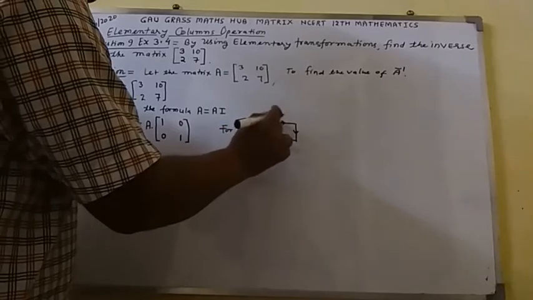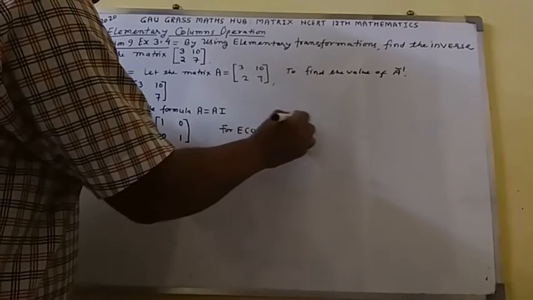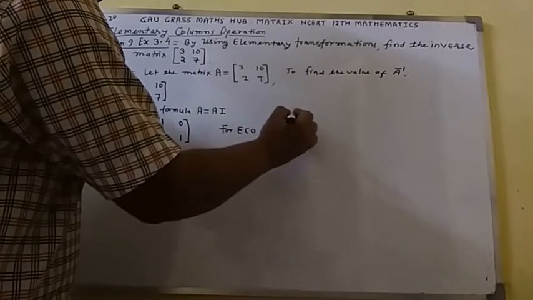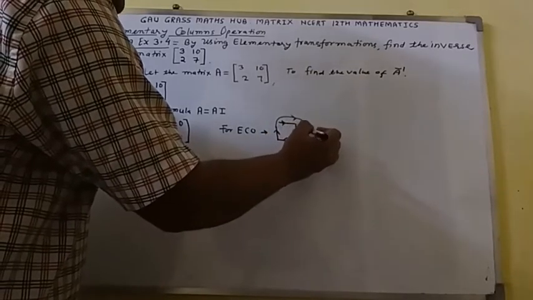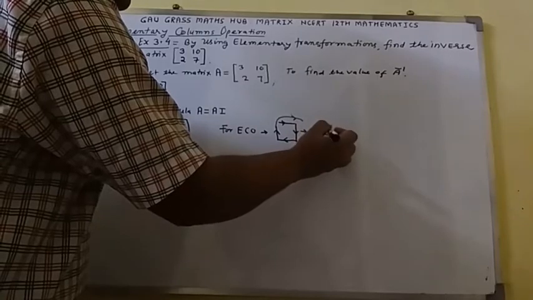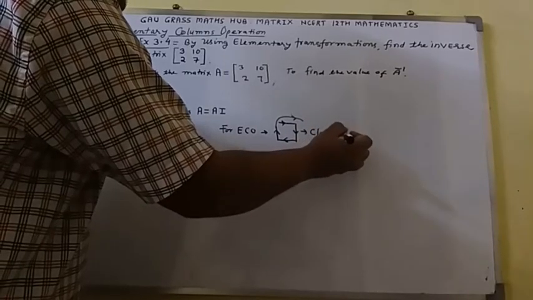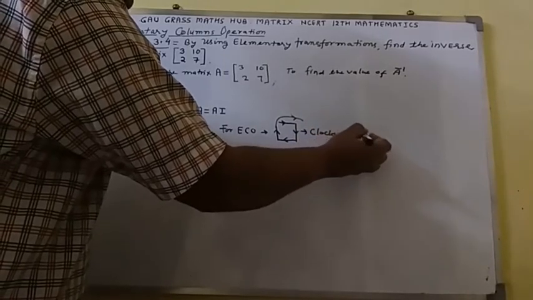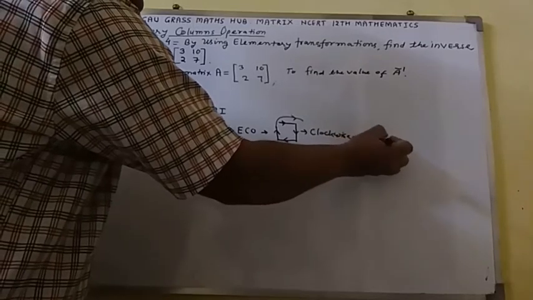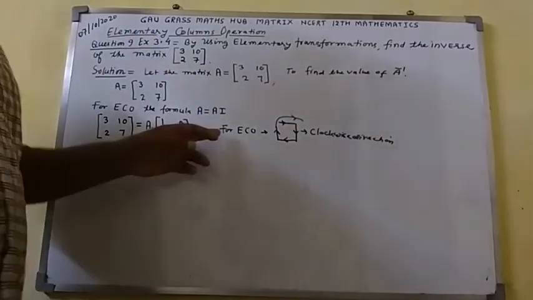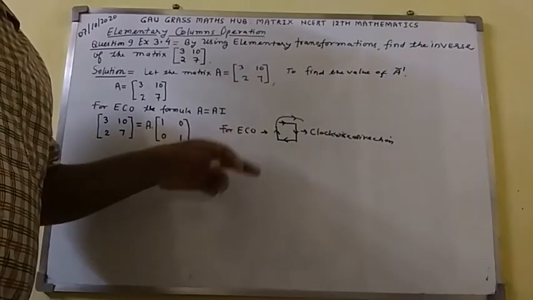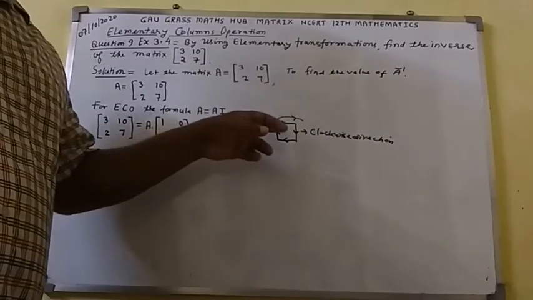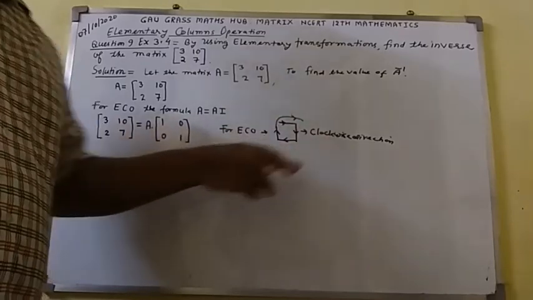So here you can see this direction, it is clear. This is clockwise direction. All the operations in elementary column operations will be carried out in clockwise direction.